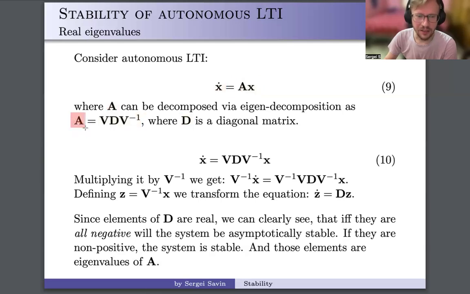A has real eigenvalues. So all eigenvalues of A are real numbers, which allows us to find eigenbases V and eigenvalues that are put on the diagonal of the matrix D. And this gives us the decomposition A equals V times D times V inverse. Well, that is a standard decomposition.